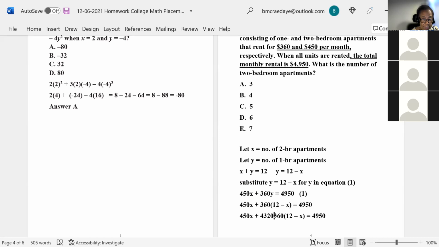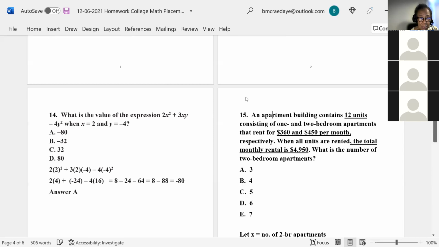And then 360 times minus X is minus 360X. So we have 450X plus 4,320 minus 360X equals 4,950. Now, what I'll do is put this all on the next page.